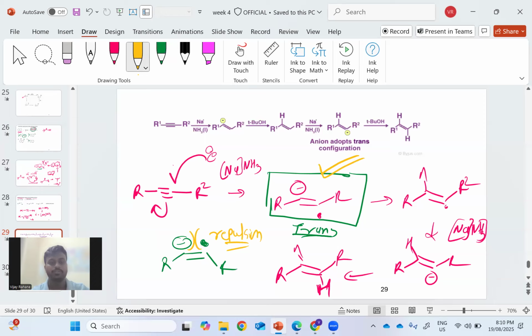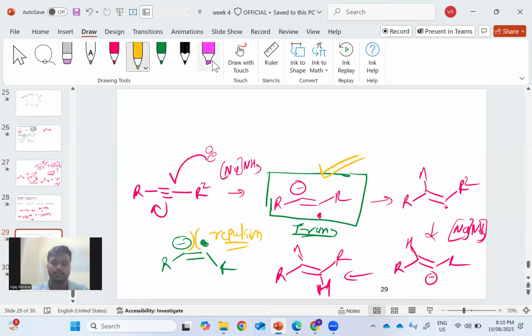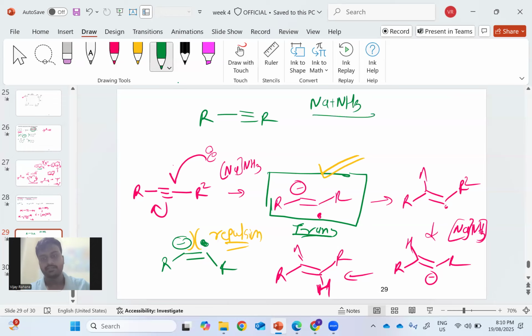So what if you want a cis product? At that time, what kind of reaction do you perform? R triple bond R with Na, NH3, THF, minus 78 degrees Celsius gives the trans, right?